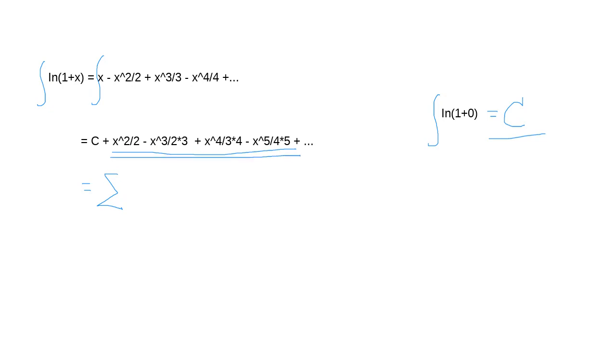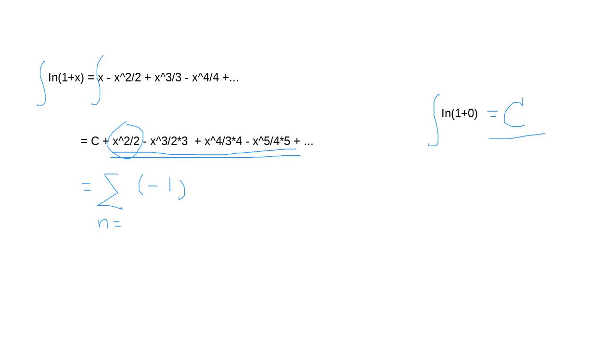Okay, so we see we have alternating signs. So first we want to do negative 1 raised to a number, and this number has to do with the index variable n. Our first term is positive.